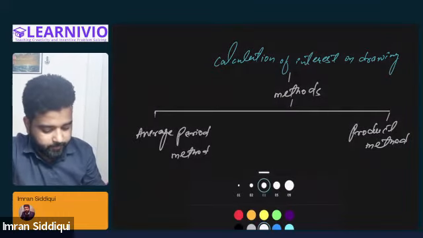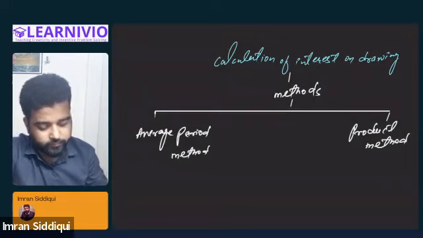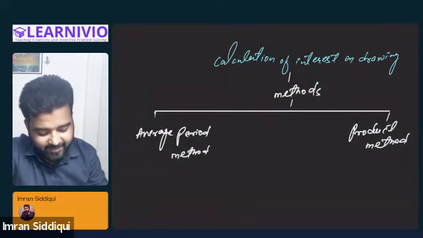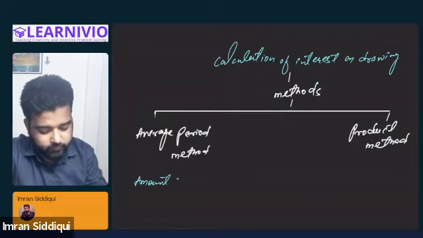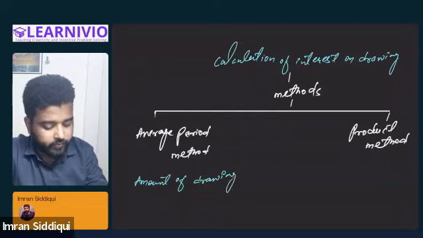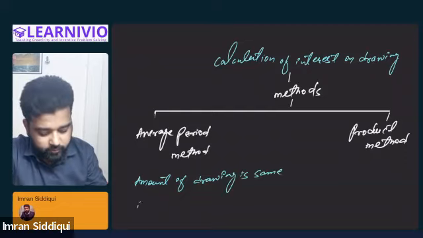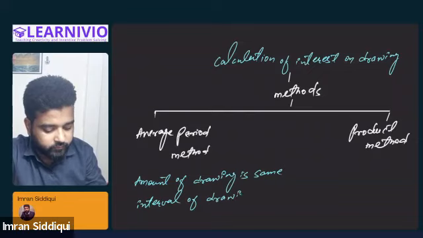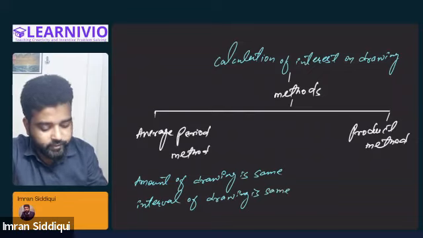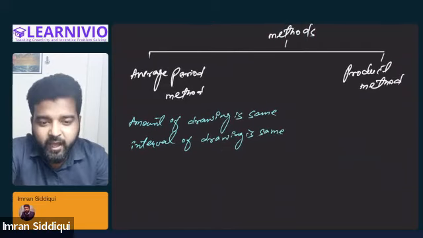If the drawing has been made at equal intervals, the amount of drawing is the same and the interval of drawing is also the same, in that situation we will apply the average period method.